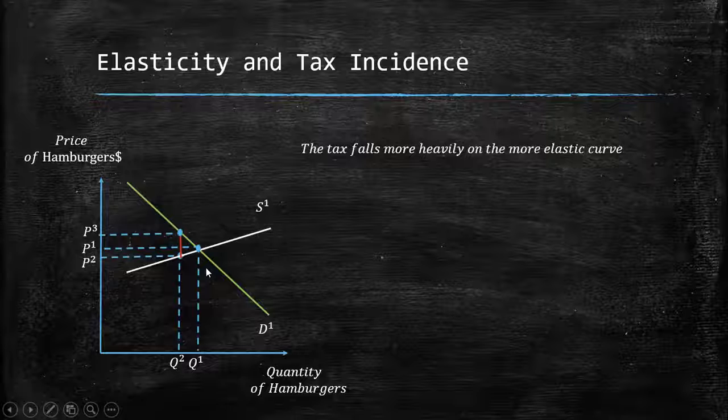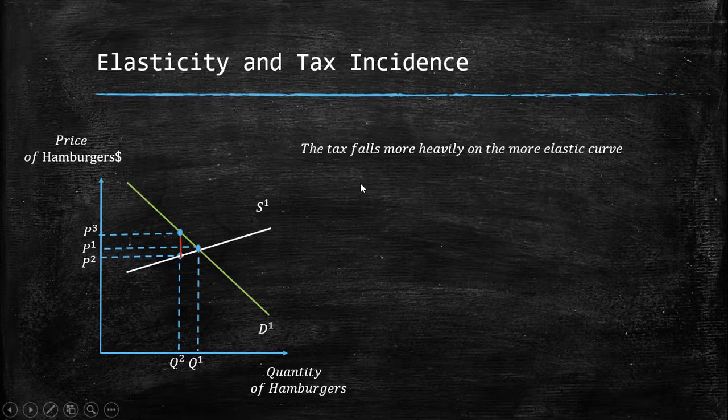So what is the conclusion of that? The tax falls more heavily on the more inelastic side. Here is the inelastic curve. So the more inelastic you are, in this case, the more you are going to be affected by the tax.